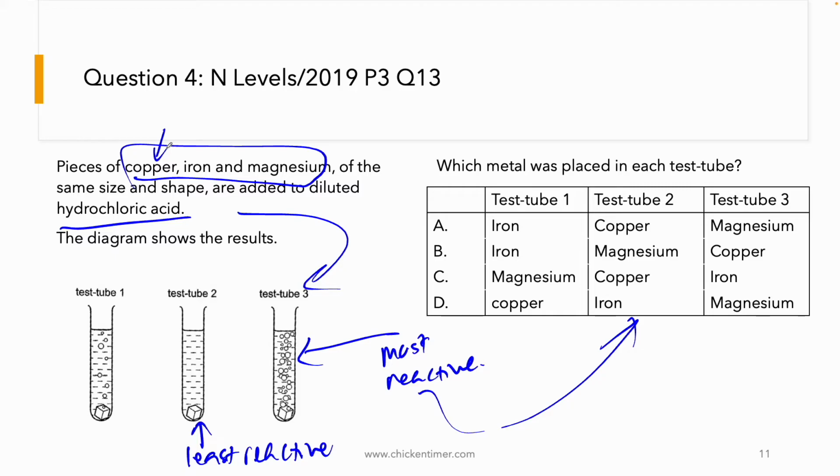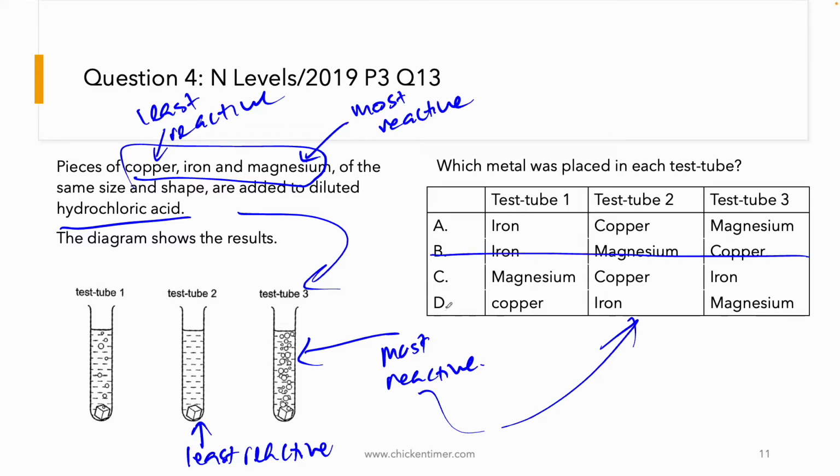Magnesium out of these three is the most reactive. Test tube 2 should show copper, so we strike out those options where test tube 2 is not copper. Now we are left with A and C. Test tube 3 is the most reactive, so it must be magnesium. We strike out the one that is not magnesium, and the answer is A.